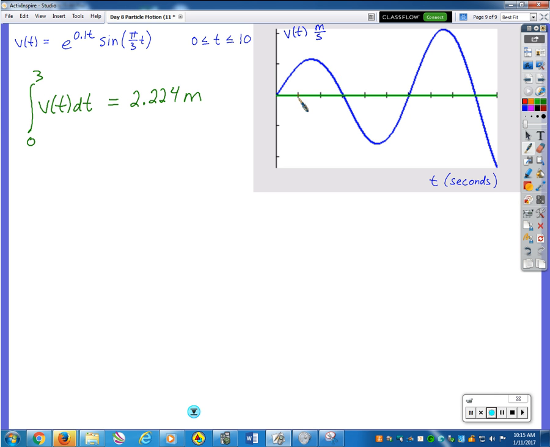Right here at 1, the value of the velocity is this point, which means the value of the velocity is also the length of this line. The calculator takes the length of that line, multiplies by a tiny width, and calculates the area of that red rectangle. The problem isn't about area, but it just happens. When we integrate velocity, it finds the area of that red rectangle for that one tiny amount of time.